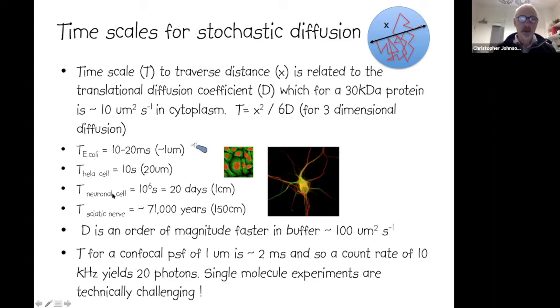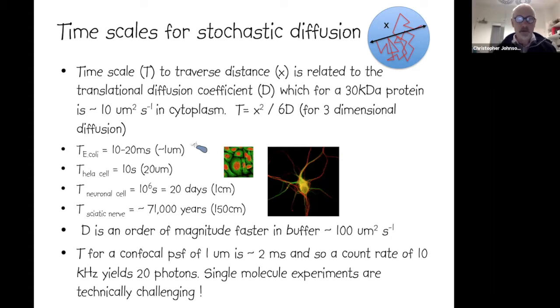And then if we think about a neuronal cell, which is about a centimeter long, this can take potentially 20 days for random diffusion of that protein from one end of the cell to the other, or over that length scale. And when we consider a sciatic nerve, which is about 150 centimeters long, I'm told, then that equates to 71,000 years.